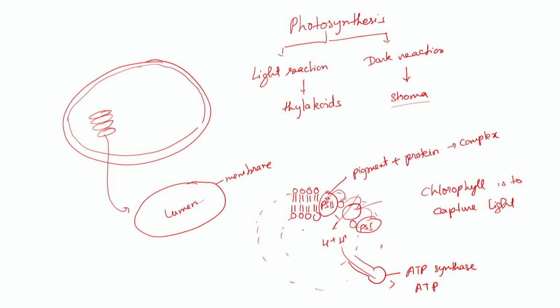And here also photolysis of water will take place in the presence of light. So we can say here that in photosynthesis, light energy will be converted into chemical energy.